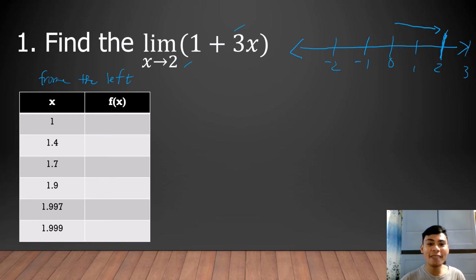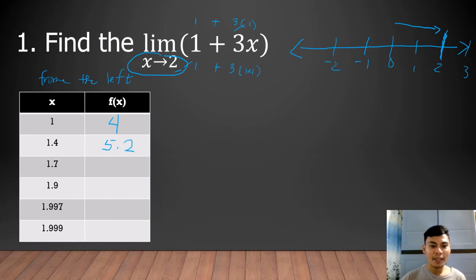You will find values of x from the left of 2, but never reaching 2. So, 1. If x is 1, just substitute: 1 plus 3 times x, it's 4. So 4 is your answer here. If x is 1.4, use your calculator: 1 plus 3 times 1.4, the answer is 5.2.